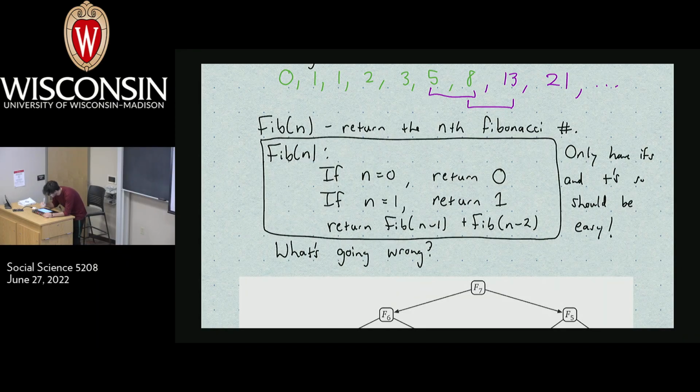Because in fact, this is exponential time. The running time is going to be theta of phi to the n, where phi is the golden ratio, which is like 1.6. So this is actually exponential time. It's not n cubed, not n to the fifth, exponential, which is like the worst thing we could hope for.